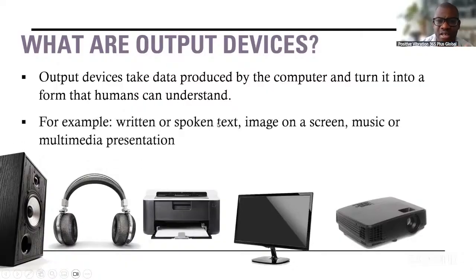So we have written or spoken text, that is output. The output device allows us to see or to hear, which means to interact with the output that was created. In the context of what is on screen here, that is written text, but you are also hearing me speak to you as well. That is spoken output, which is still output.